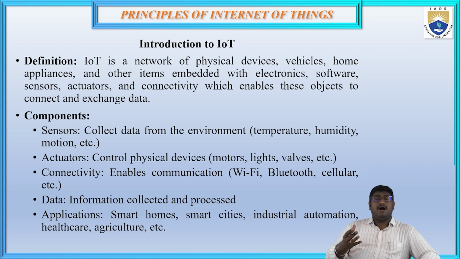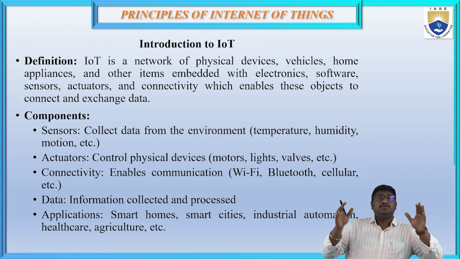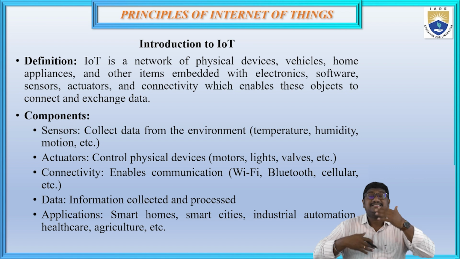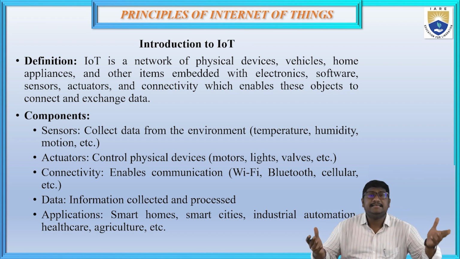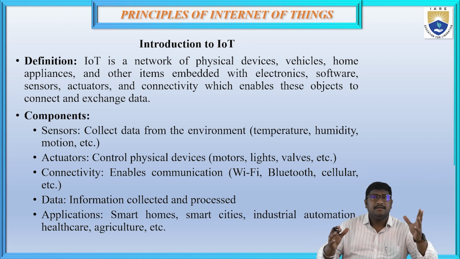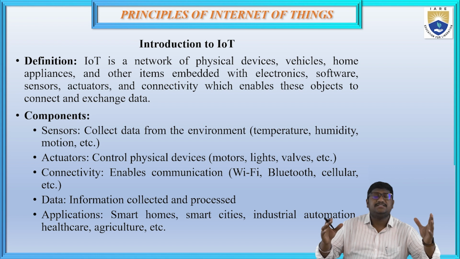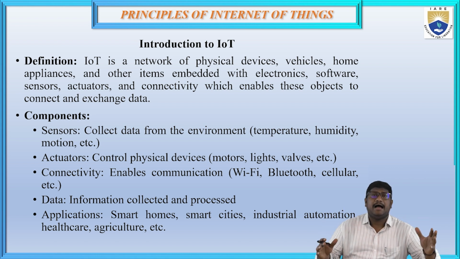IoT is a network of physical devices, vehicles, home appliances, and other items embedded with electronics, software, sensors, actuators, and connectivity, which enables all these objects to connect together and exchange information with the help of the internet. That is a brief definition of IoT.